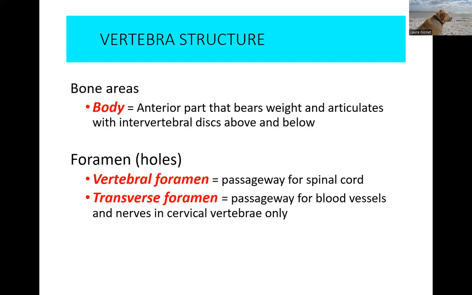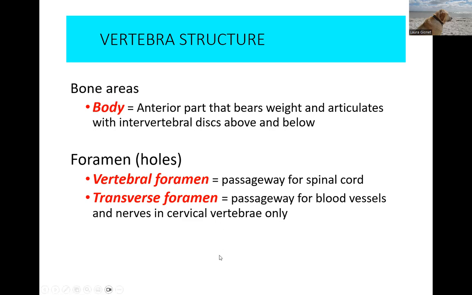Some vertebra have particular features in the lumbar area that, let's say, the cervical area doesn't. But we are going to be looking at generally the features that are consistently found on all the vertebrae in all the areas, cervical, thoracic, or lumbar. There will be a few exceptions, and I'll try to draw your attention to that.